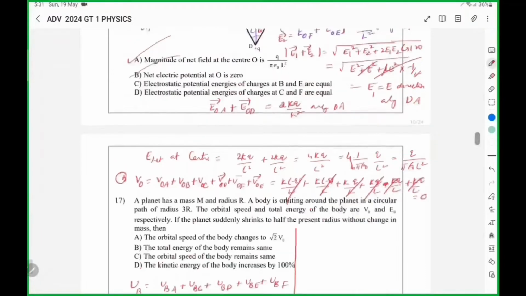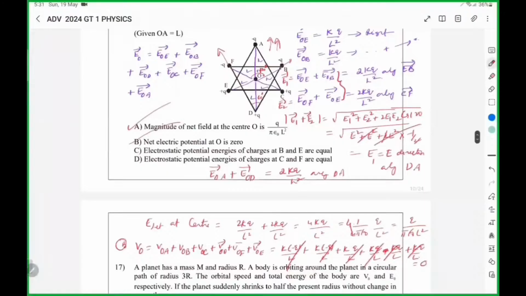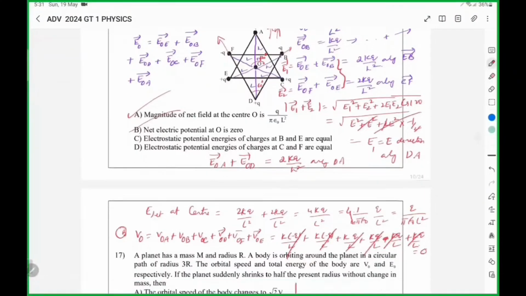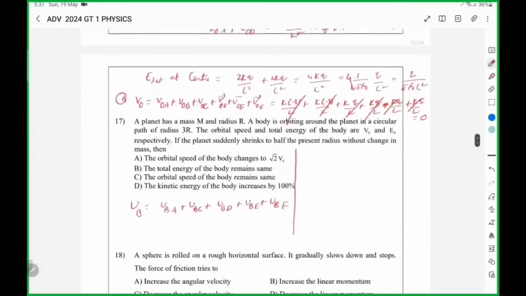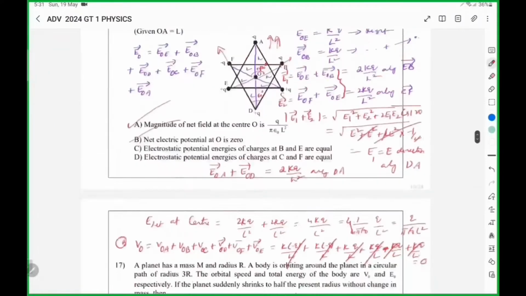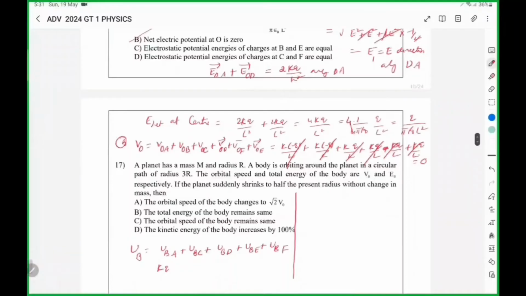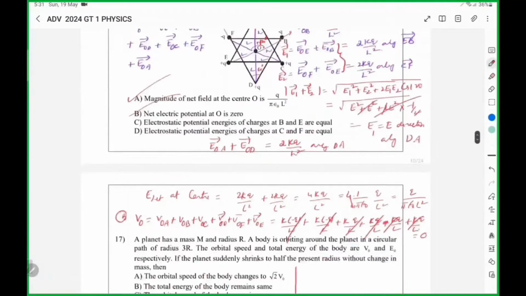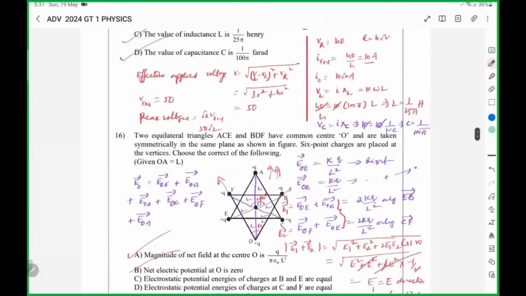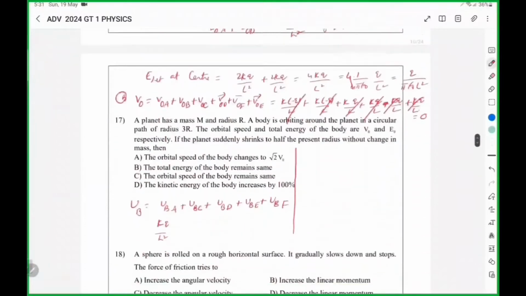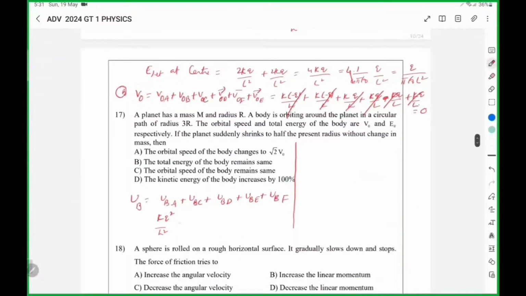So that is BA, that is KQ by, one is positive charge, both are negative charges separated by distance. If this is L, this is L, it is an equilateral triangle, this is also L. KQ square by L square.